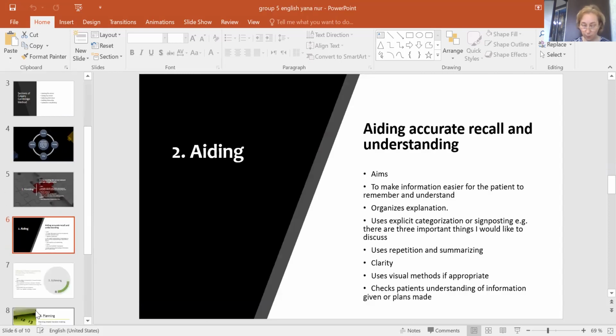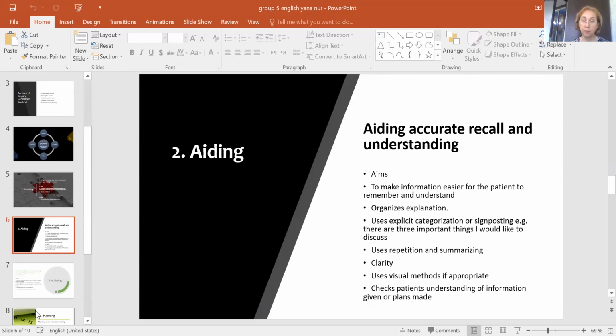Second, we have the aiding point. You should aid accurate recall and understanding. Of course, the word aims is common between the 4 of them, which is so important.